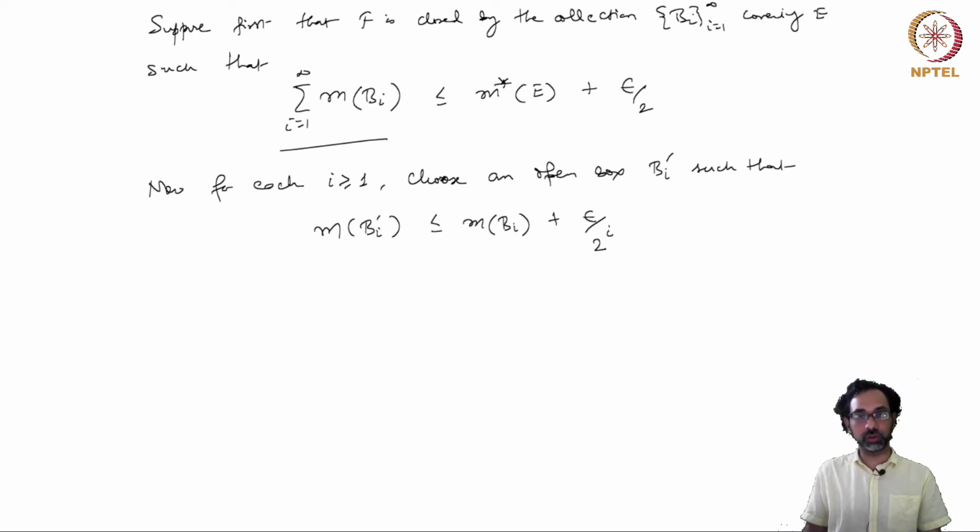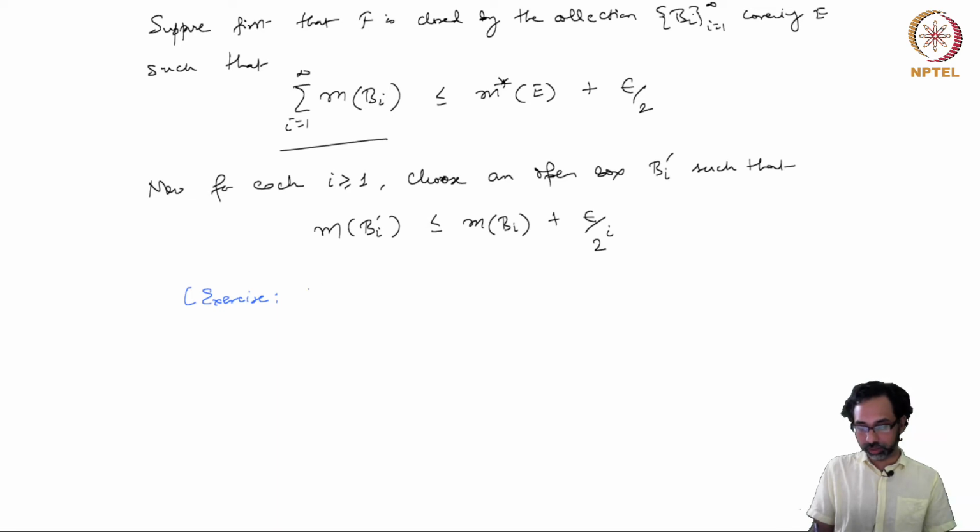So again we are going to use the epsilon by 2 to the power k trick because we want to sum it up in the end. And this is an interesting exercise in its own right.